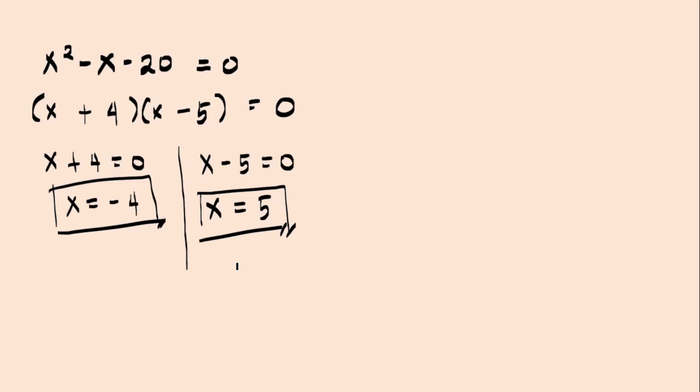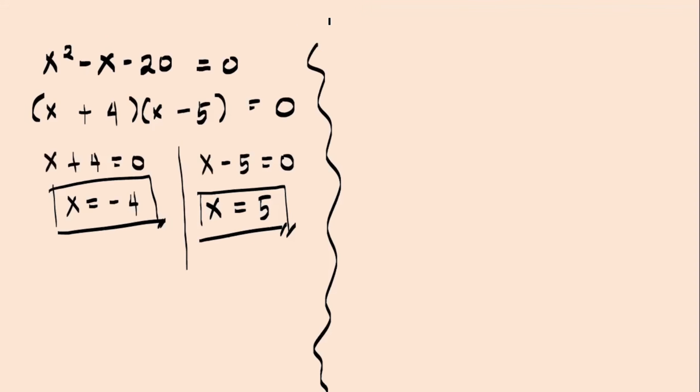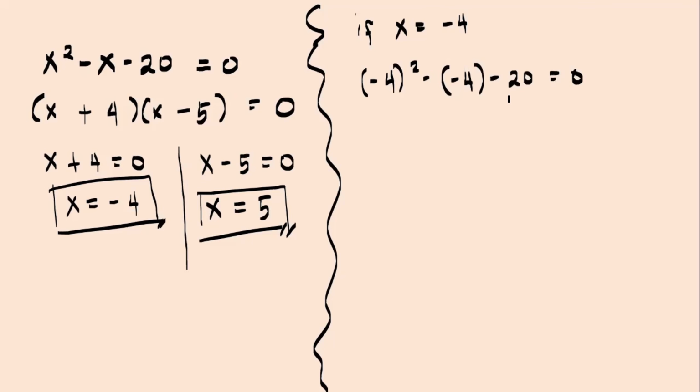So to check if your answer is correct, just simply substitute the values of your x sa ating given equation. Okay, so again, check natin kung tutugma. So if x is equal to negative 4, this is negative 4 squared minus negative 4 minus 20 is equal to 0.